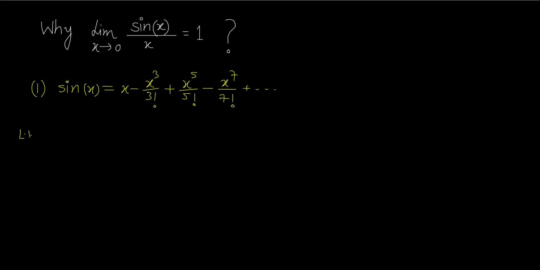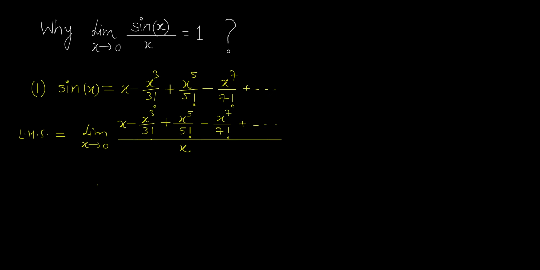Let's put this sin x expansion series in the left hand side of the given formula which we want to prove. So the left hand side becomes limit x tending 0, and sin x becomes x minus x cube upon factorial 3 plus x to the power 5 upon factorial 5 minus x to the power 7 upon factorial 7 plus so on, and this whole thing divided by x.